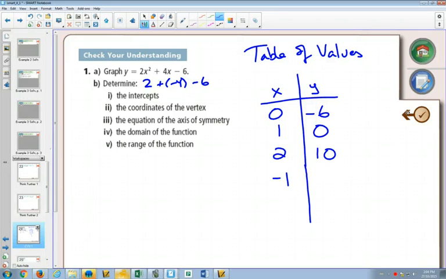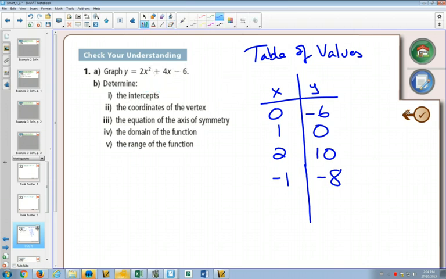What does that give me? -8. How do I get 10 from the 2? If I would plug in 2, I'd have 2 times 2 squared plus 4 times 2 minus 6. And so this will be 8 plus 8 minus 6 and give me 10.